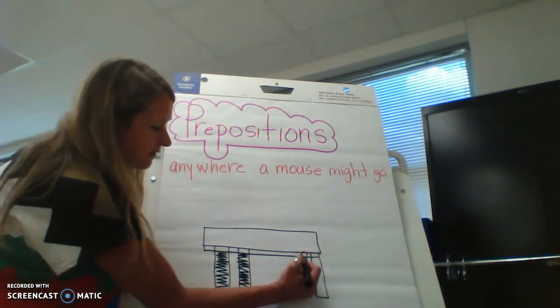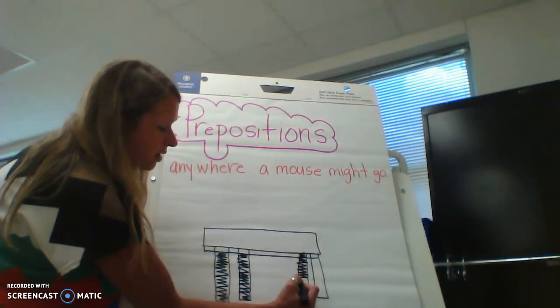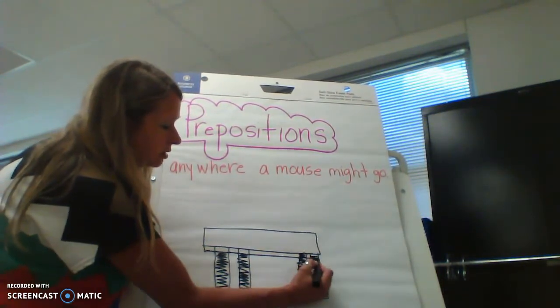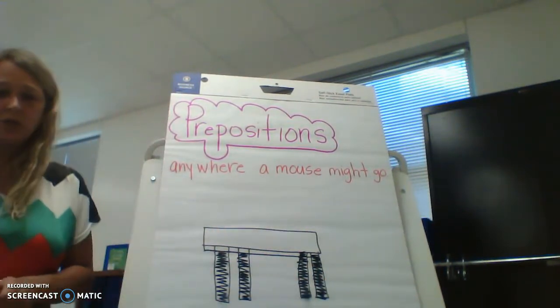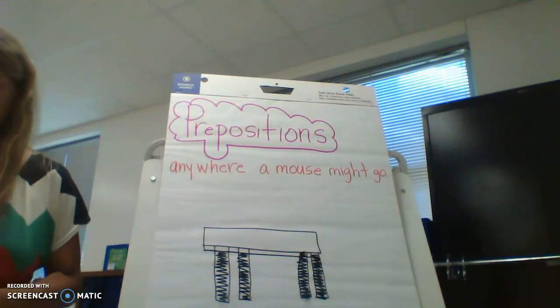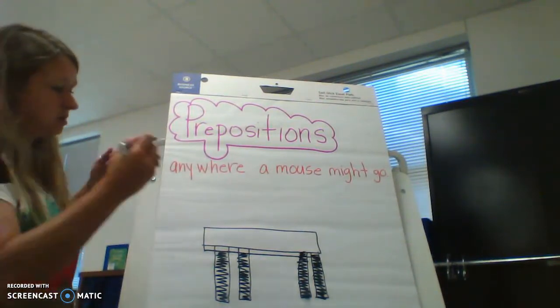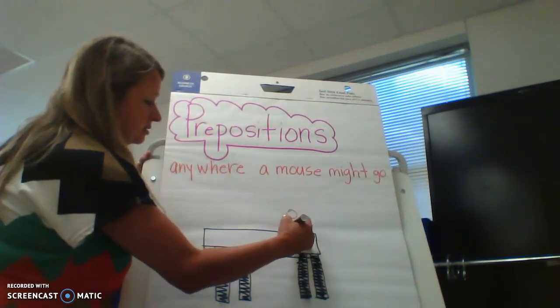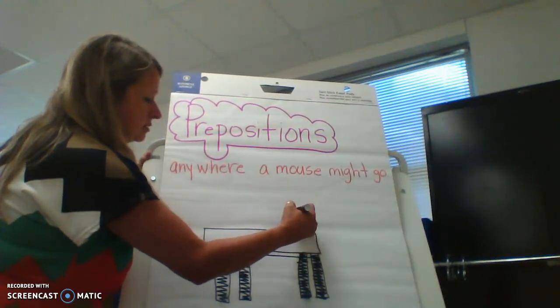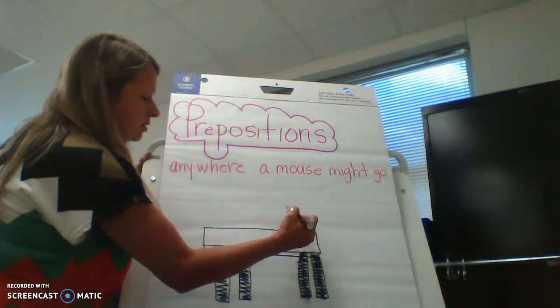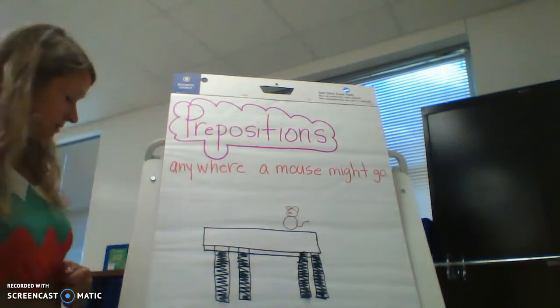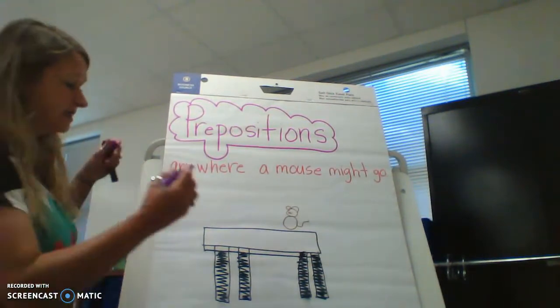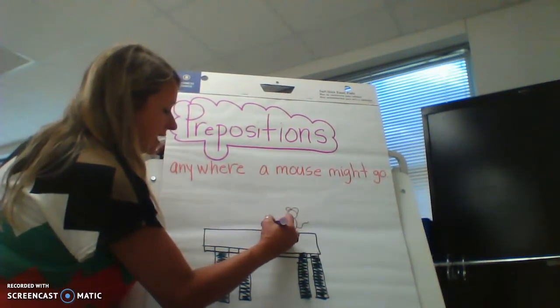Or if there was a table, where would the mouse go if he saw a table? Where is this mouse now? He is on the table. That's right. He is on the table.